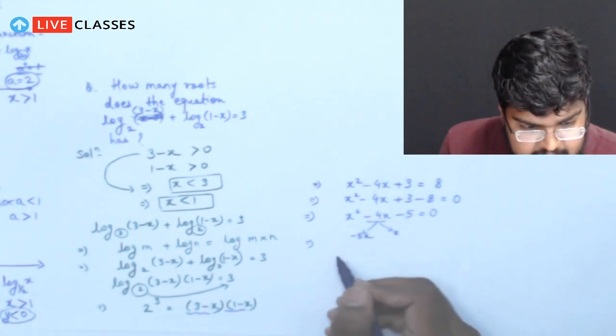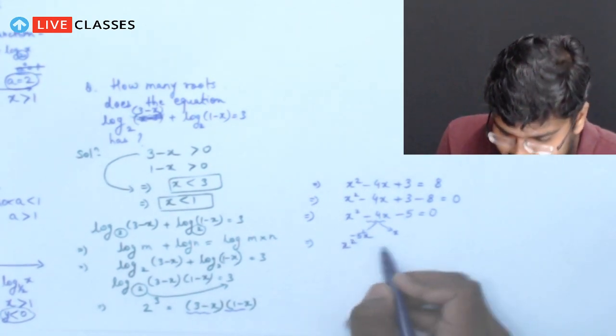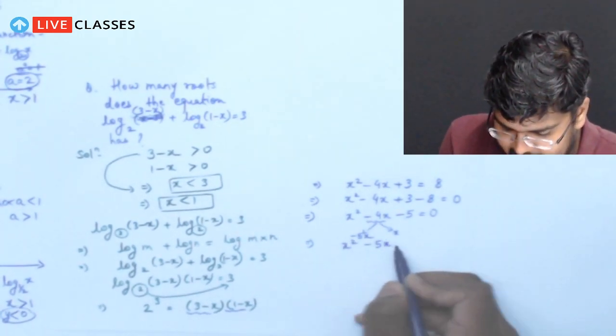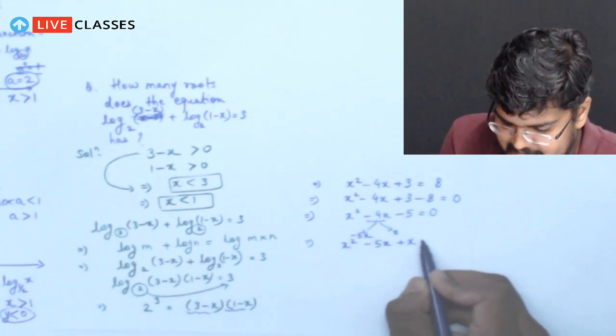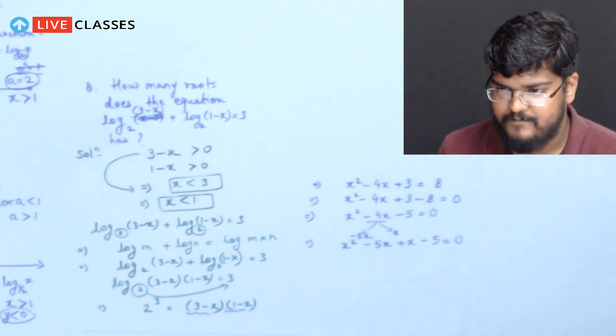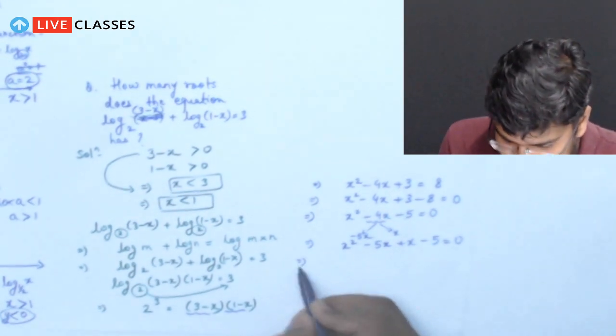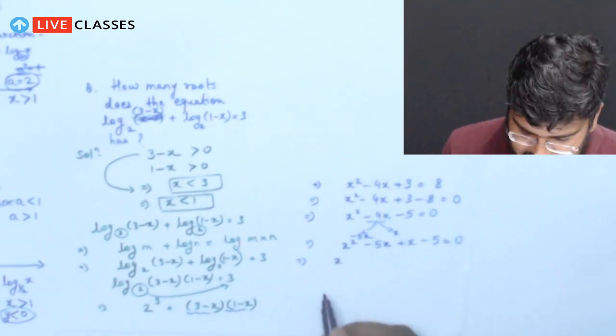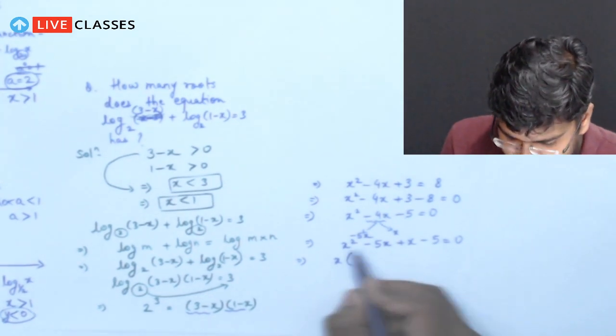So I would get x square minus 5x plus x minus 5 is equal to 0. Now all I have to do is take x as common from the first two terms.